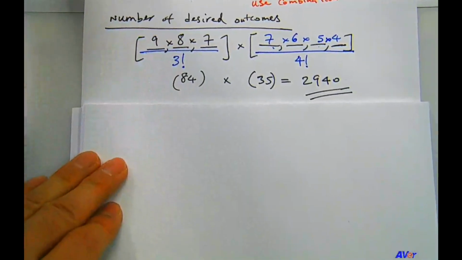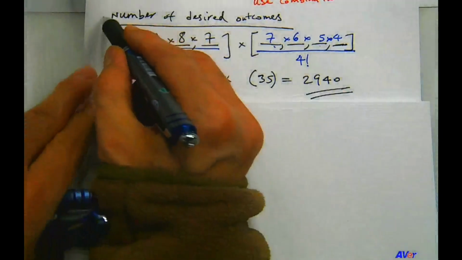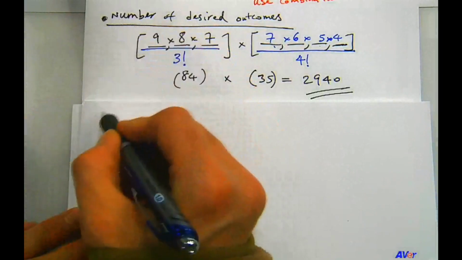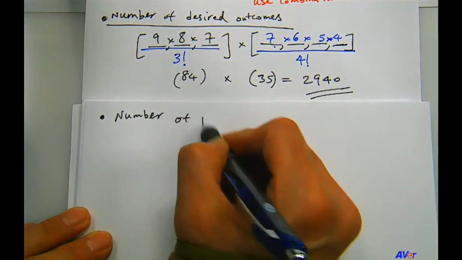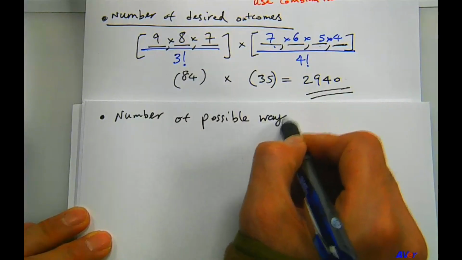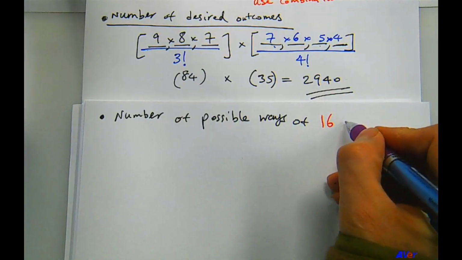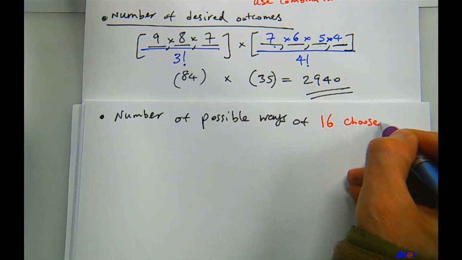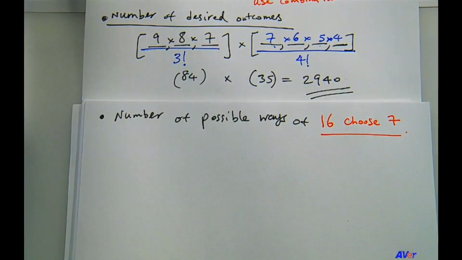So that was the number of possible desired outcomes, and this will be the number of possible ways of 16 choose 7. That is what we want to calculate.